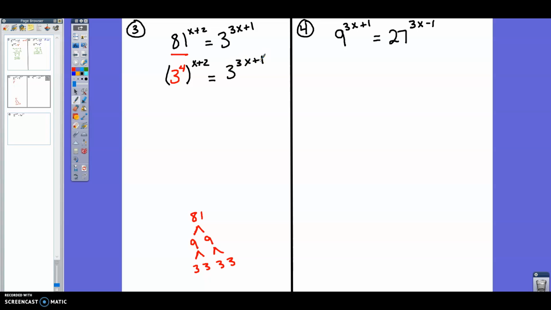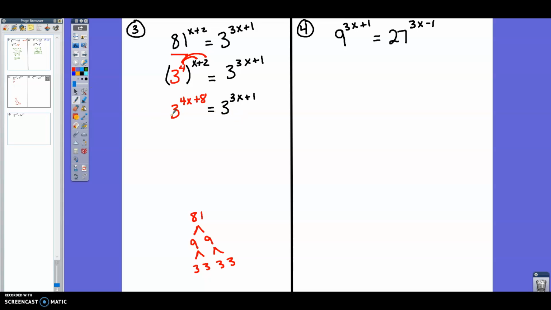So in the previous 2 problems, we didn't have to worry about this, but this one we do. So when we have an exponent raised to an exponent, we've got to multiply our exponents. So this 4, we need to distribute out to the x and to the 2. So we end up with 3 to the 4x plus 8. And then over here on the other side, we have 3 to the 3x plus 1.